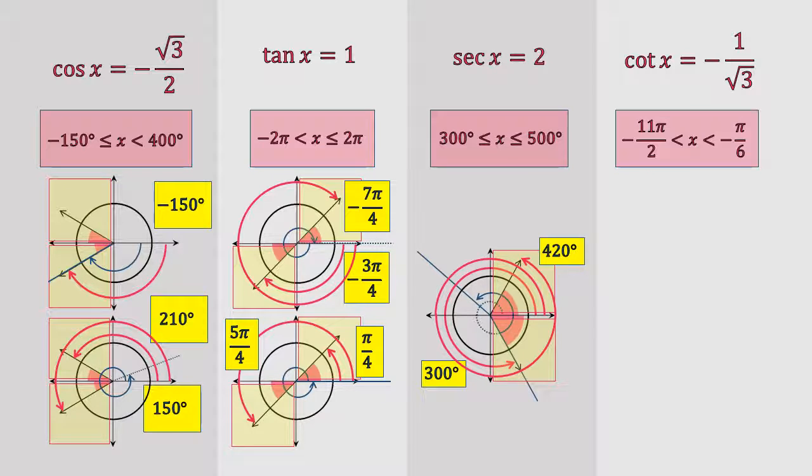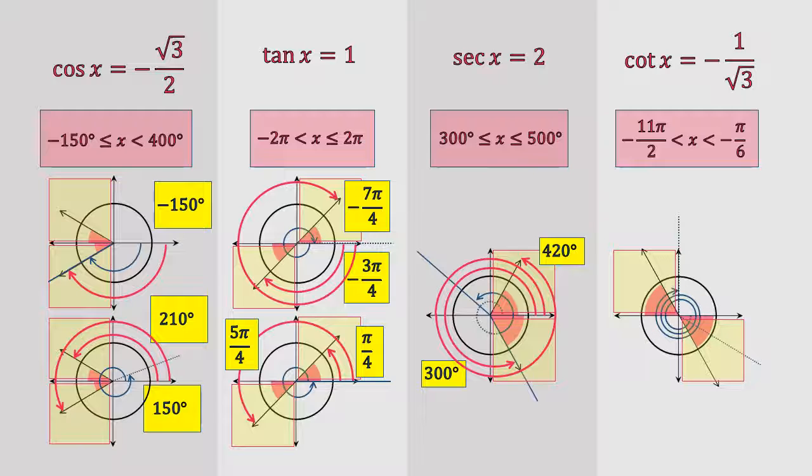Shifting our attention to the last problem, the absolute value 1 by root 3 is the cotangent of pi by 3, the base angle. On visualizing the interval from minus 11 pi by 2 to minus pi by 6, and keeping to the second and fourth quadrants where tangent is negative and therefore cotangent is negative, we construct the base angles pi by 3.